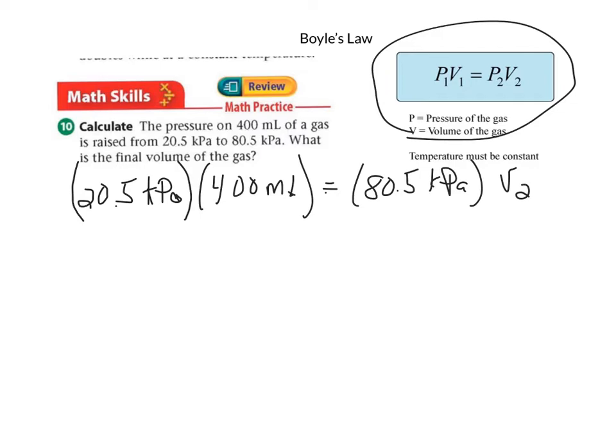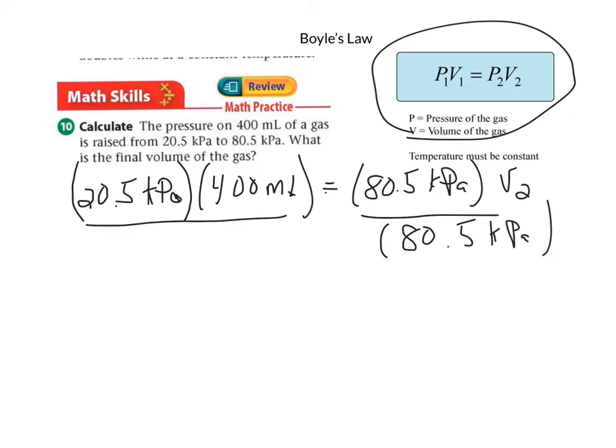To solve this, to isolate volume 2, I would want to divide both sides by 80.5 kilopascals. And then it's a matter of doing the math.